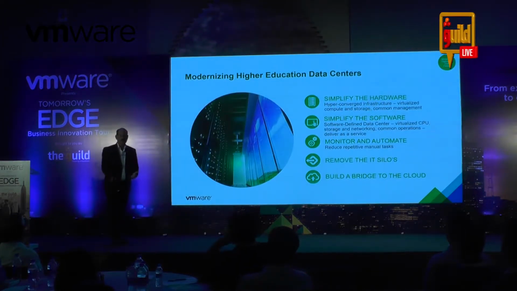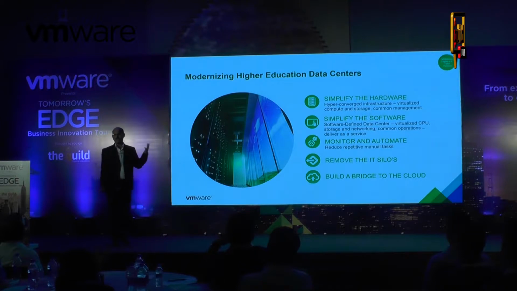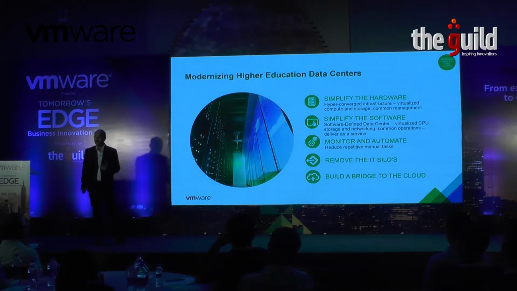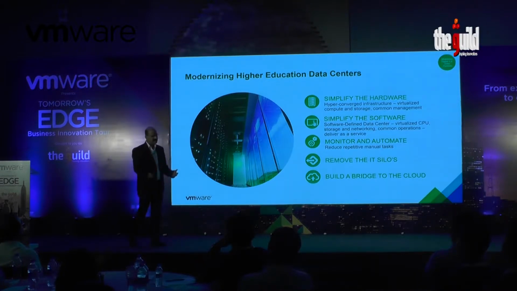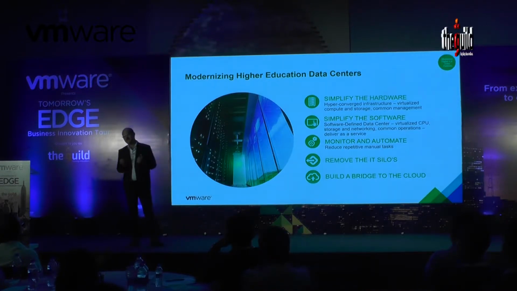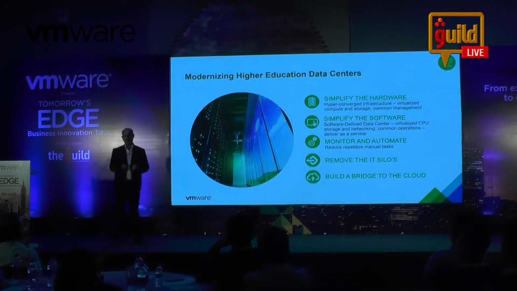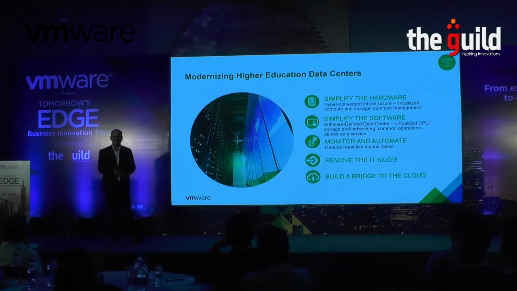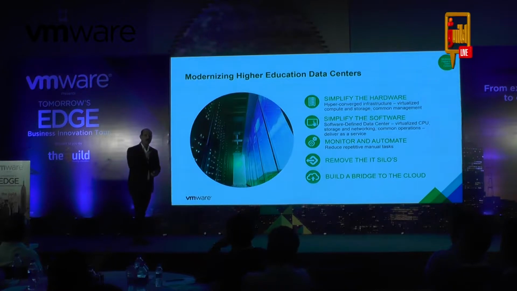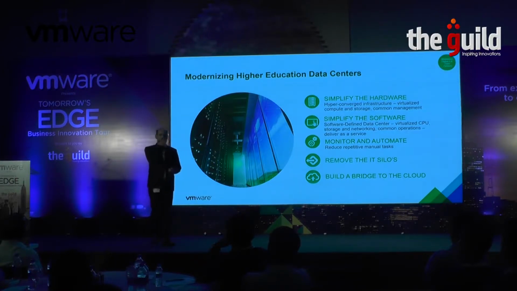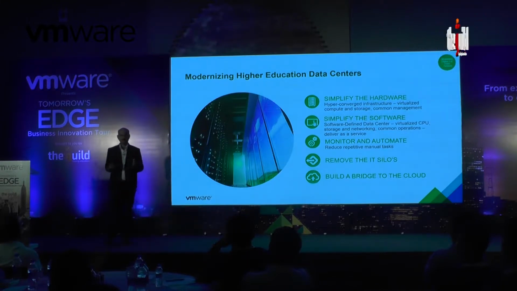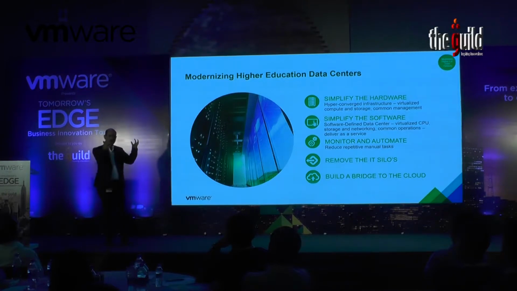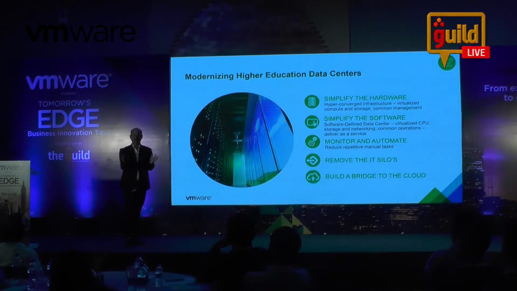What do we need to do for that? Then the question comes, what will I have to adopt so that these pains go away, as we talked about a while back? First and foremost, we need to simplify the hardware in the data center. When I say simplify the hardware, it means we need to adopt hyper-converged infrastructure. I'm sure all of you are aware that hyper-converged infrastructure is all about virtualizing compute and storage together and having a common platform.